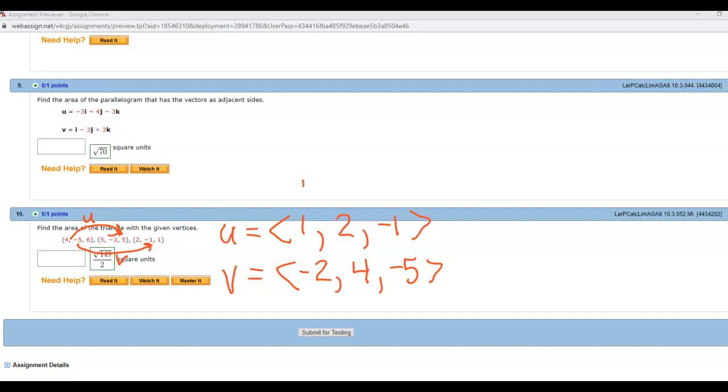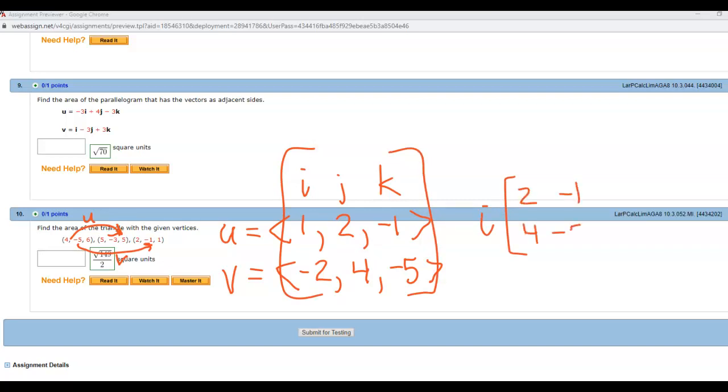Okay, so this is my i, j, k. Think of this as my matrix here. So my i would be 2, -1, 4, -5. My j, 1, -1, -2, -5.